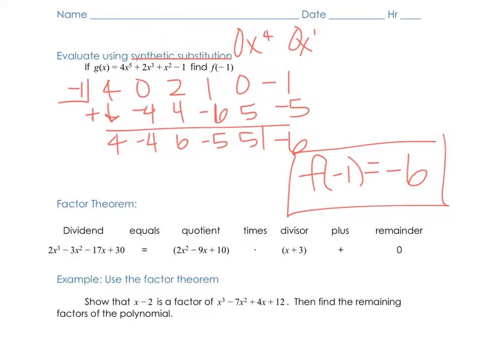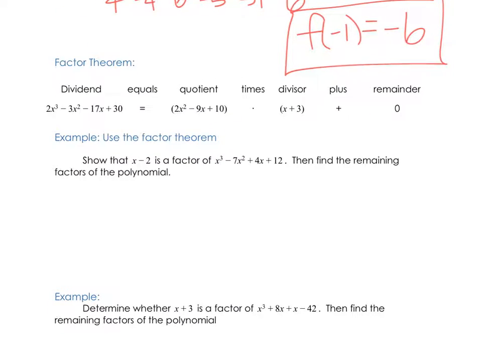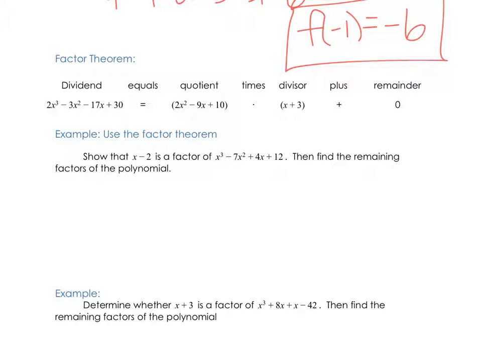Now we're going to look at the factor theorem. The factor theorem tells us that if the remainder is 0, then the divisor is a factor of the dividend. So the quotient and the divisor are factors of the dividend if the remainder is 0.